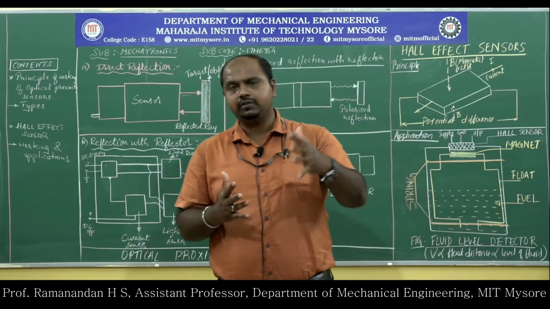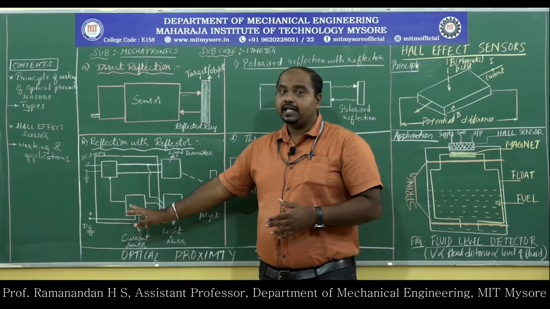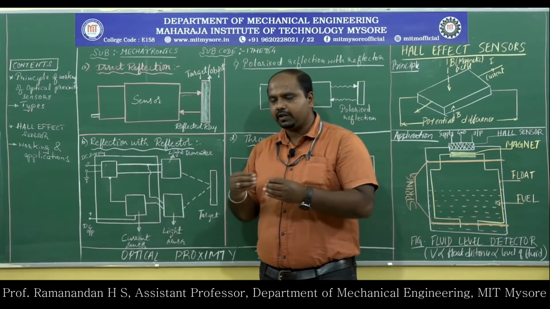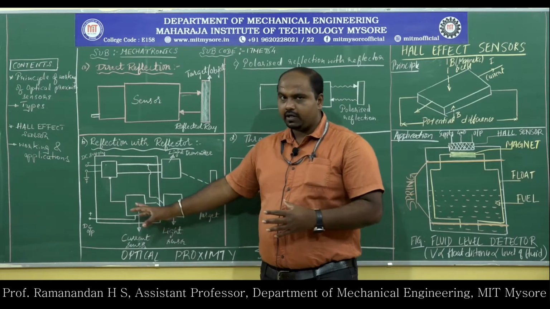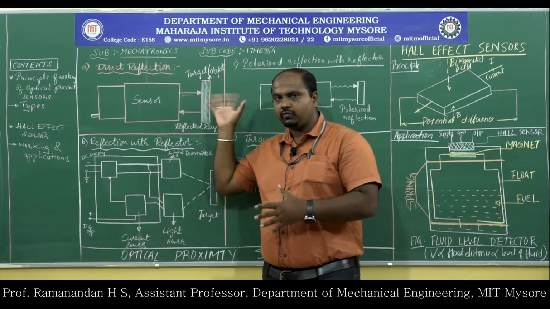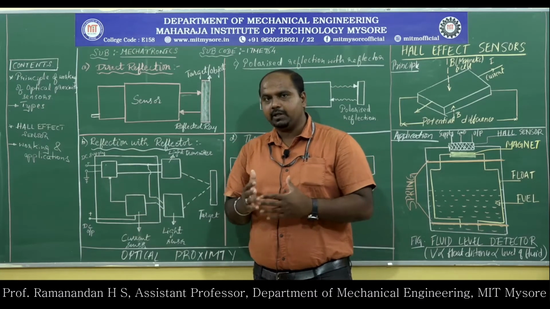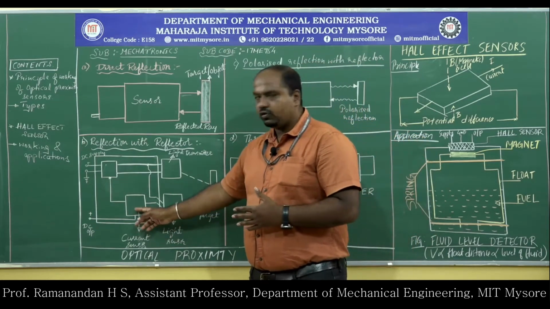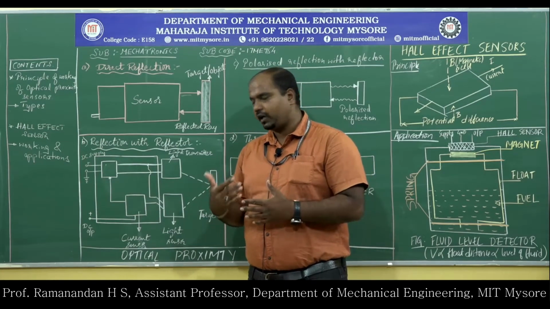We avoid using photoconductive type of current sensor because there is a delay time for photoconductive type of sensors. We want immediate detection of the object. So I am telling it in one optical proximity sensor so that it holds good for every type of sensor. This current sensor is usually made up of photoemissive or photovoltaic type of sensor, because they have lesser delay time when compared to photoconductive.